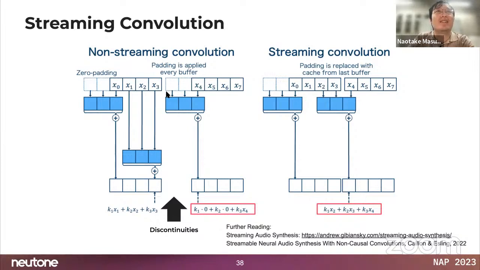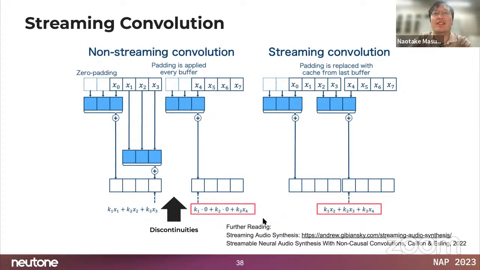But if these two buffers weren't separated, there wouldn't be padding between them, and that creates a discontinuity. That's totally unacceptable for an audio effect. The streaming convolution takes care of this by replacing this padding with the end of the first buffer. So calculation-wise, it'll be the same as if these buffers weren't split at all.